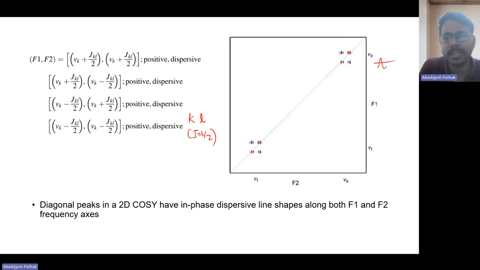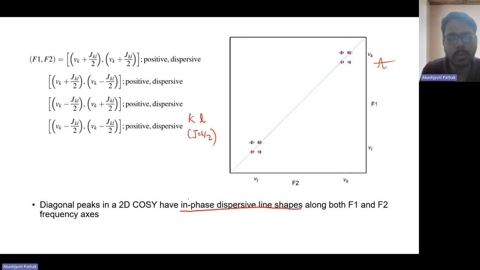That is how the fine structures in the diagonal peak of a 2D spectrum look. They are all positive with dispersive line shape. So the diagonal peaks in a 2D COSY have in-phase dispersive line shapes along both the F1 and F2 frequency axes.